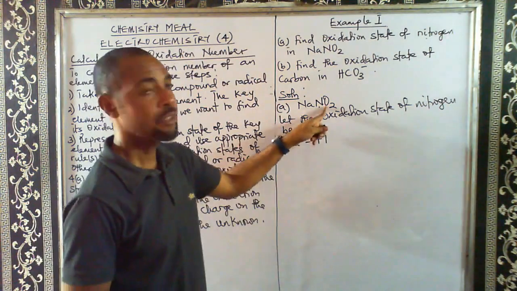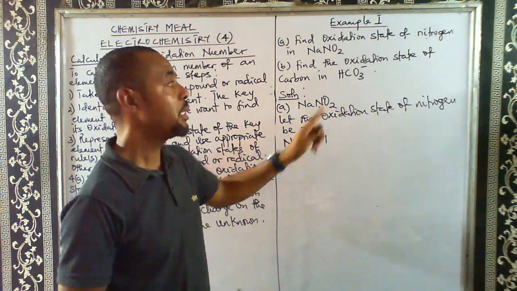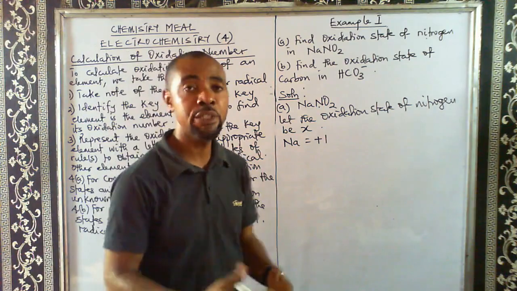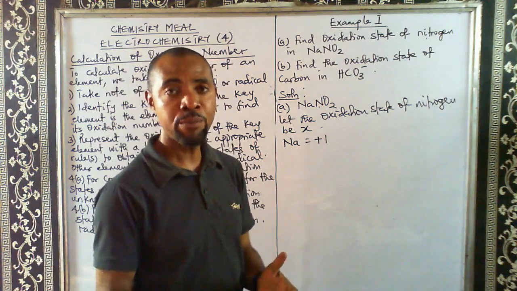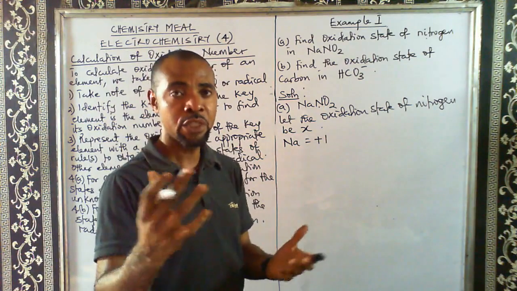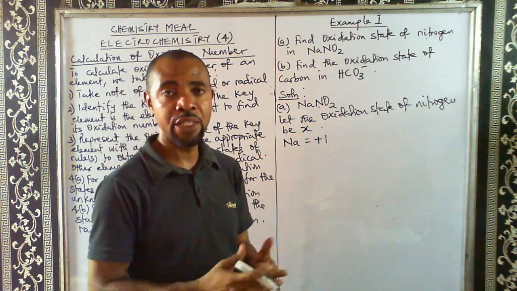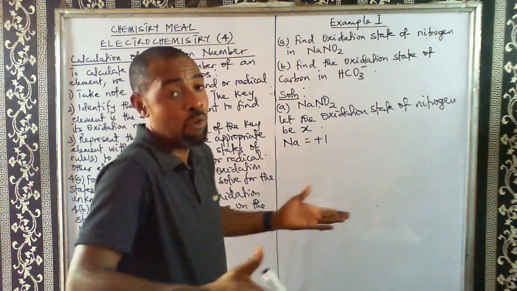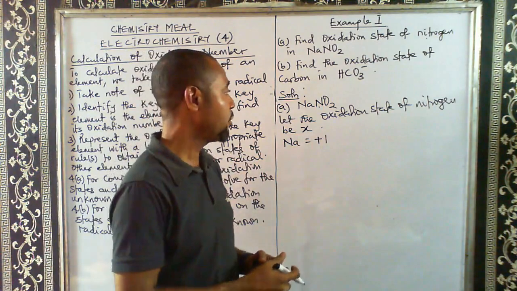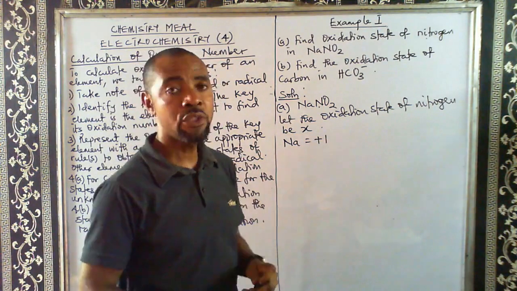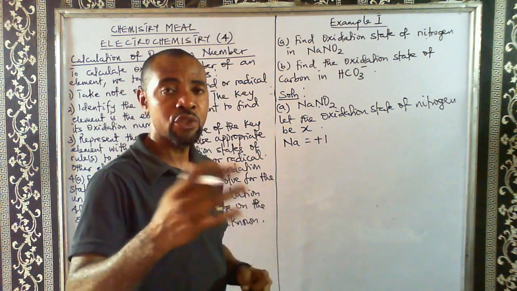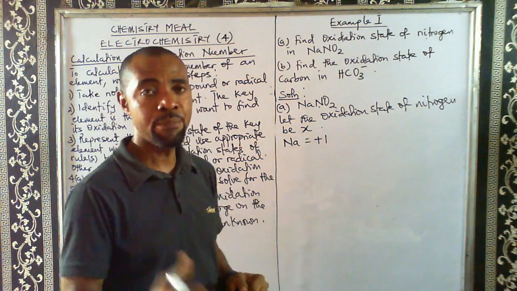Then oxygen. The rule there is that the oxidation state of oxygen is -2 in all compounds except in peroxide. That's why it's important that you watch the video on rules guiding oxidation state so that you can flow with us in this video.